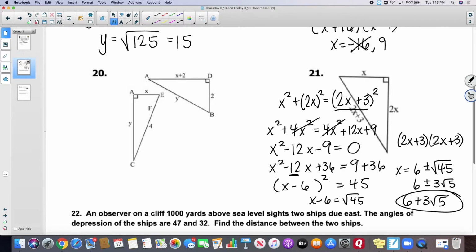So if you set this up, what you could say for this triangle is x squared plus y squared equals 16. You're doing the Pythagorean theorem. And then for this triangle, you could say x plus 2 squared plus 4, that being 2 squared here, equals y squared.